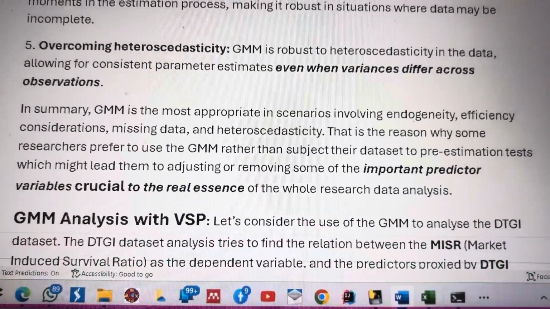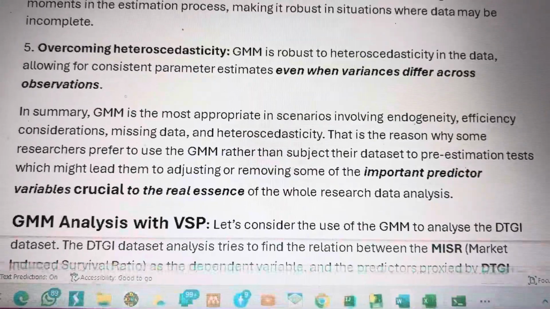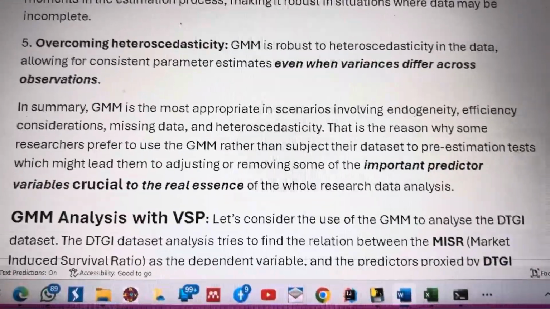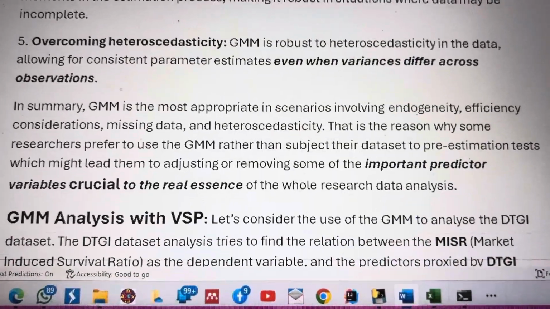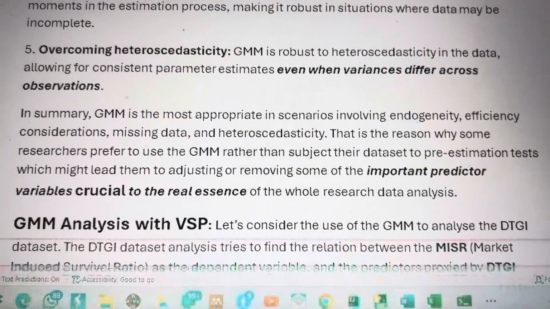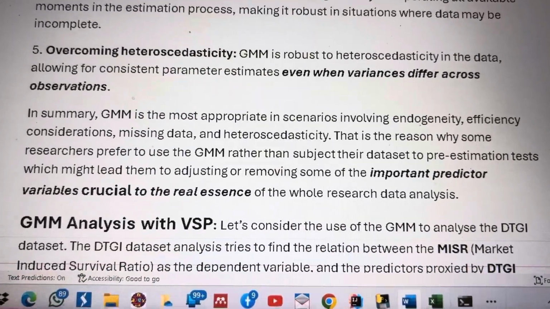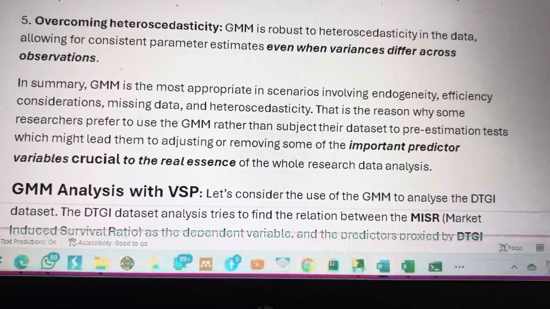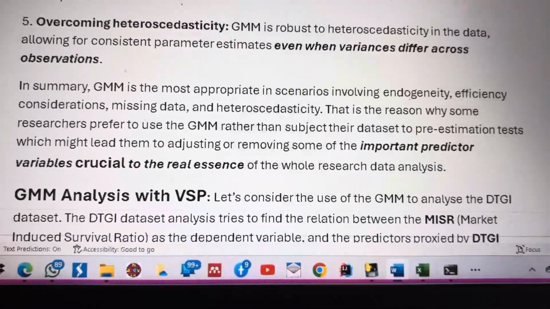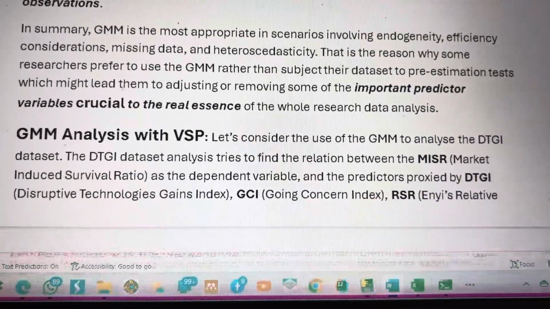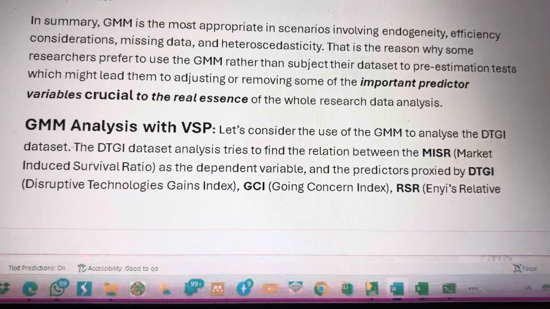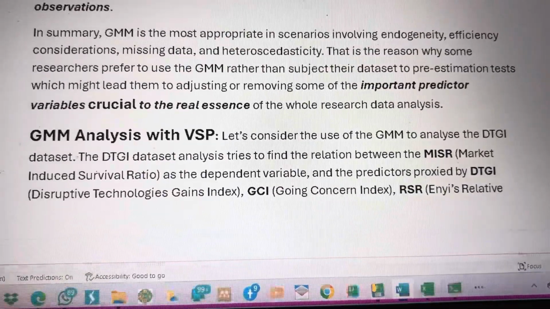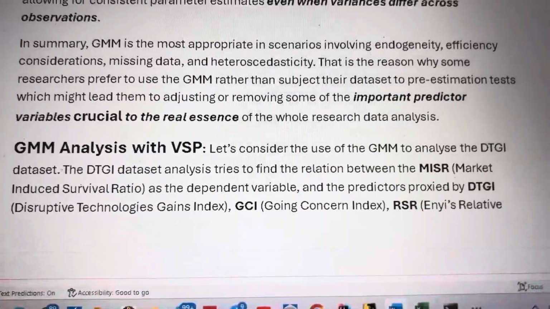But sometimes your analysis needs to include as many variables as possible, and you don't need to remove anyone simply because the R squared or adjusted R squared is very small. So, in other words, the GMM analysis takes into consideration such scenarios and puts to rest some of those arguments.